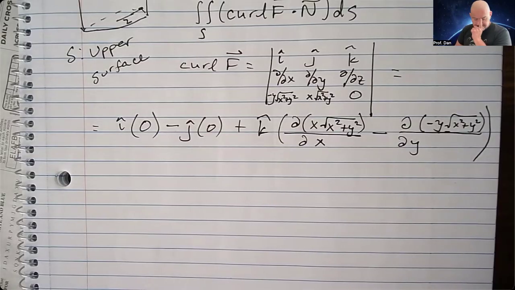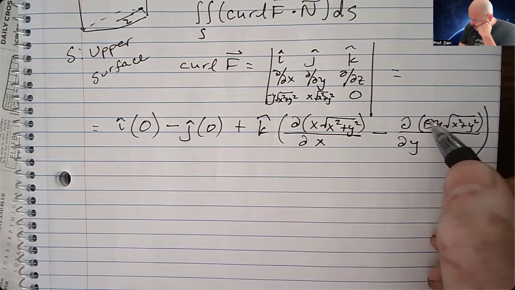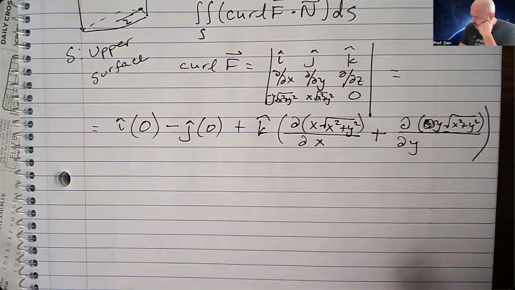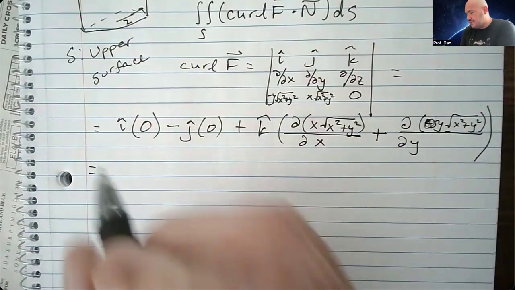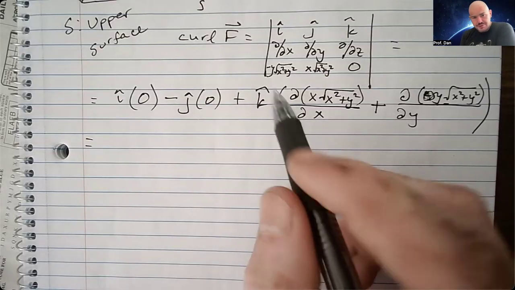So at this point, I can take this negative out and make that a plus. My curl is going to end up being the sum of these two partial derivatives.